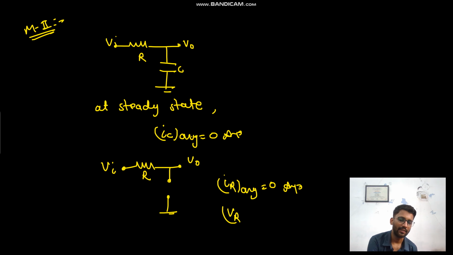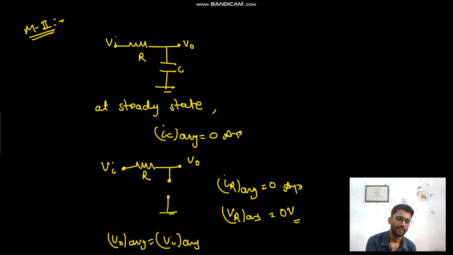Then your VR average at steady state will also be 0, not 0 ampere, 0 volt. Okay, and your V naught average will be same as V in average. Why so? Because there is no voltage drop, so it would be same as V in average, and that equals 10 into T by 2 plus 0 upon T, and that equals 5 volt.